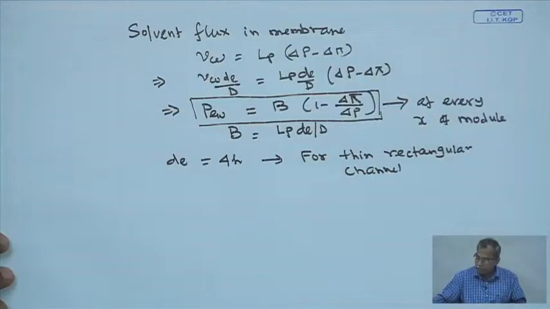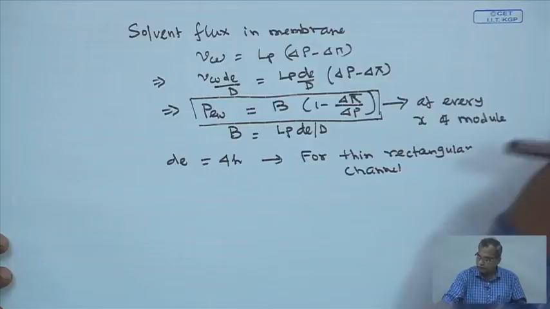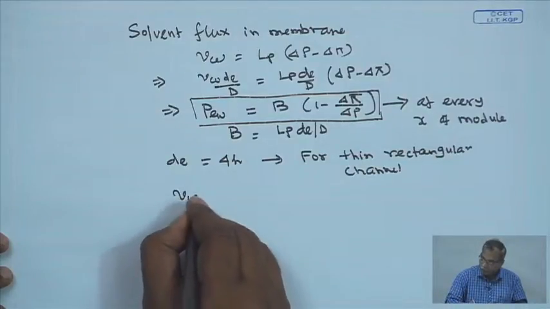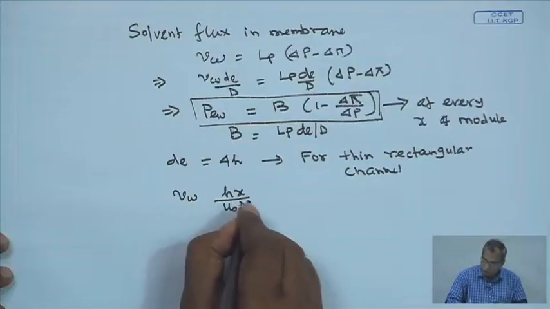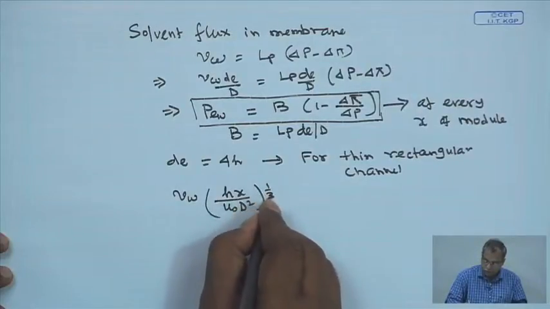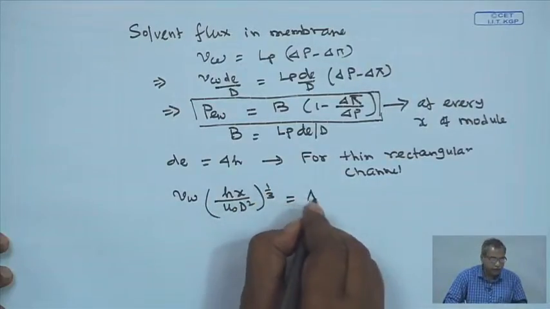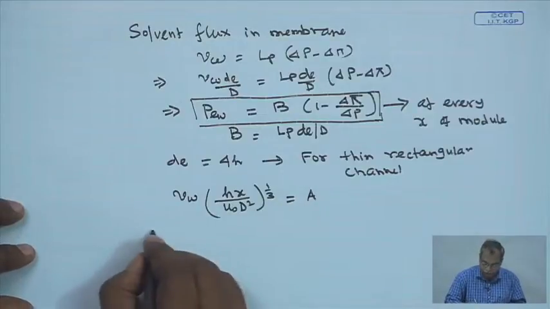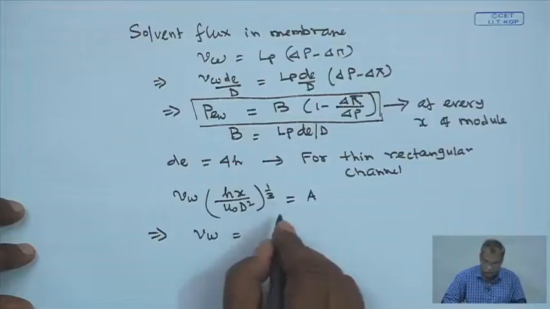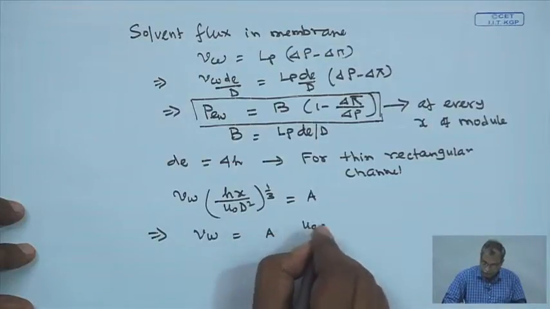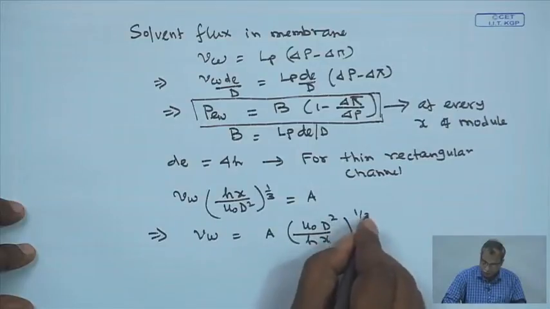Now, if you remember, we have defined Vw Hx divided by u0 D squared, to the power 1 upon 3, is equal to A. Let us take it to the other side: Vw is A times u0 D squared divided by Hx to the power 1 upon 3.